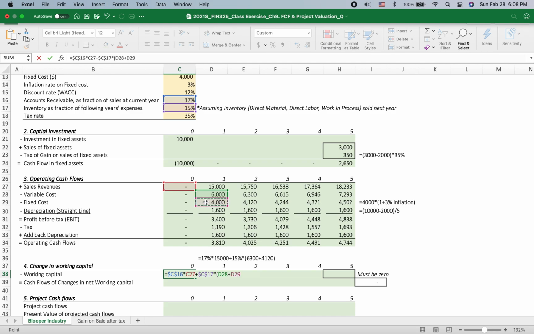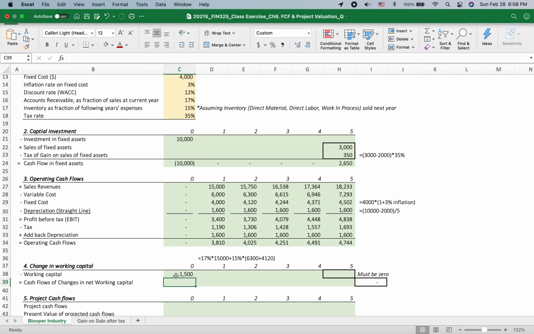Again, that is the inventory still on hand, not yet sold, but we are going to sell this inventory once we manufacture the finished goods next year. Okay, then the 1500 is working capital, which is cash out.